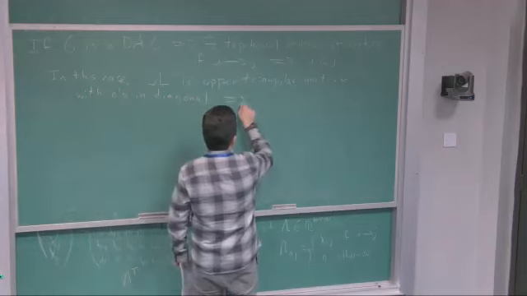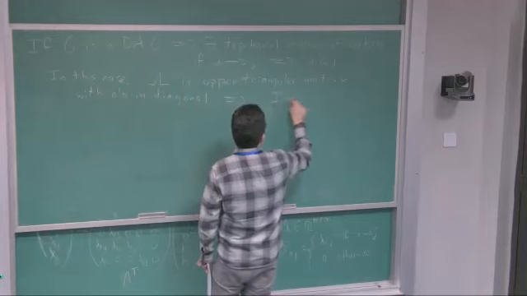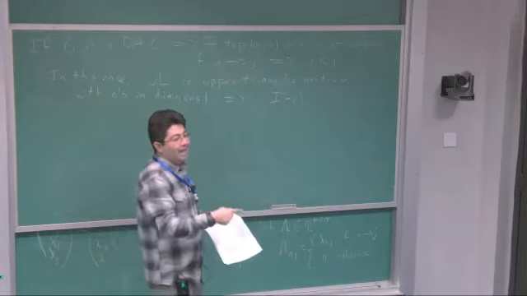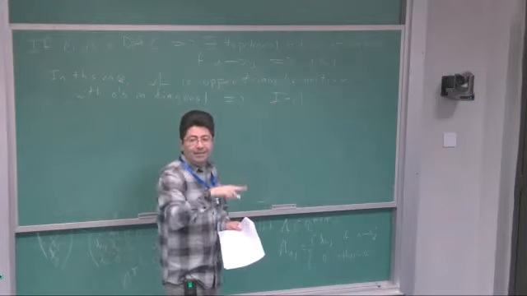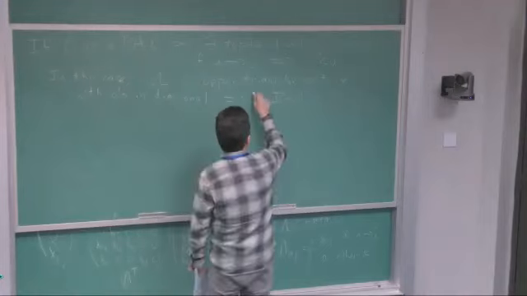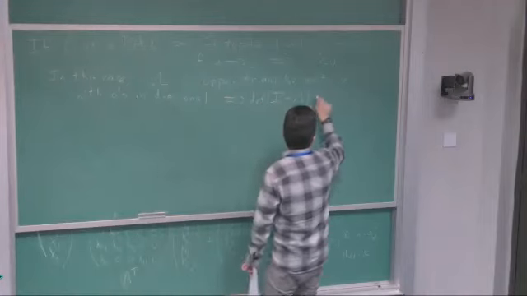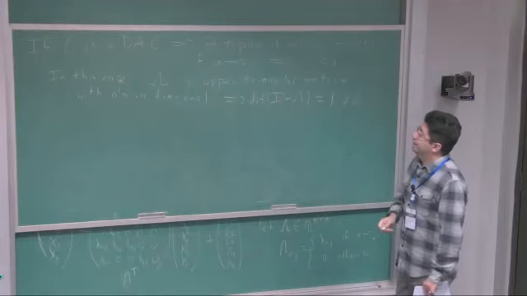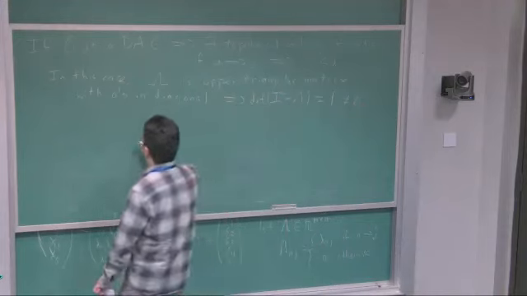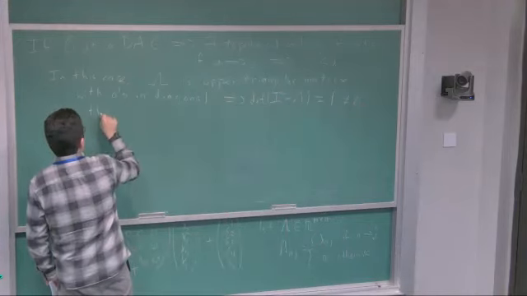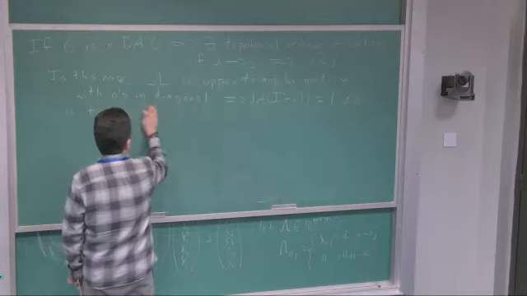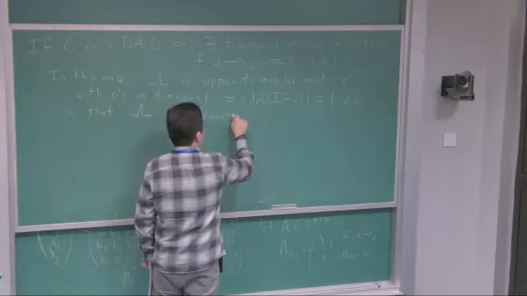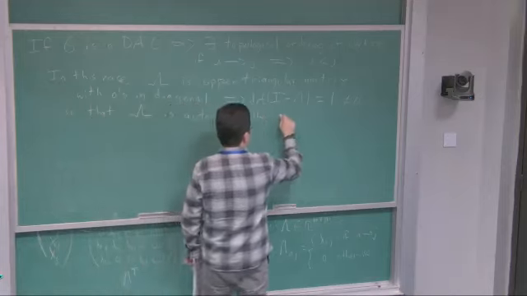So when I compute identity minus lambda, this is still upper triangular, and now it has ones in the diagonal. So the determinant of this is going to be 1, which is different from 0. So this means that lambda is automatically invertible.